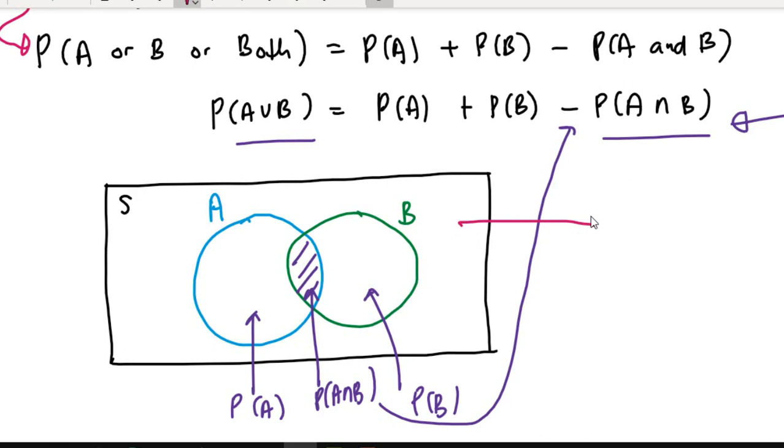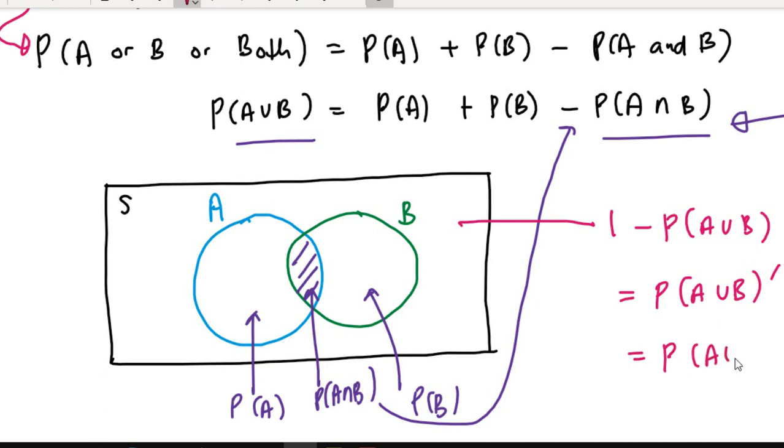This outside area is 1 minus the probability of A union B, which can be represented by P(A union B) complement, or P(A union B) bar. It means all the probability outside the two circles.